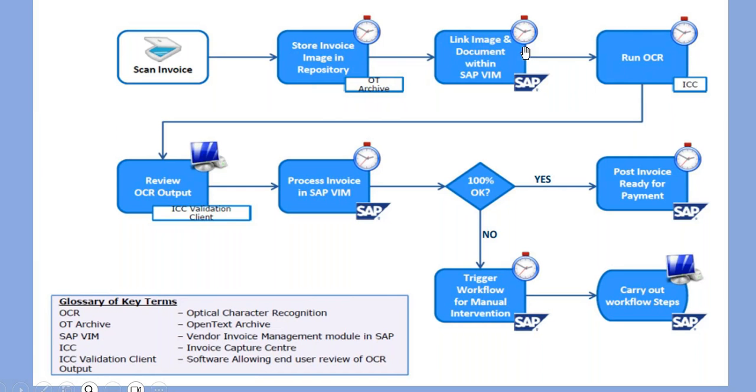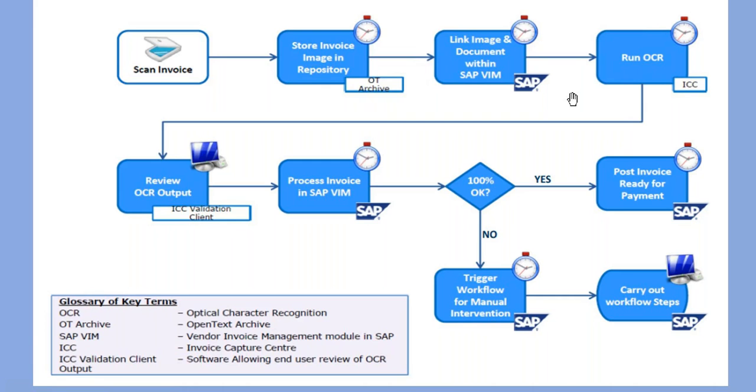So as I told, once the invoice is uploaded, it is archived and sent to OCR, where the invoice data is extracted. Then next, the invoice is sent to OCR validation. OCR validation means that with the help of the validation tool, the AP processor will go into this tool and verify the invoice information.